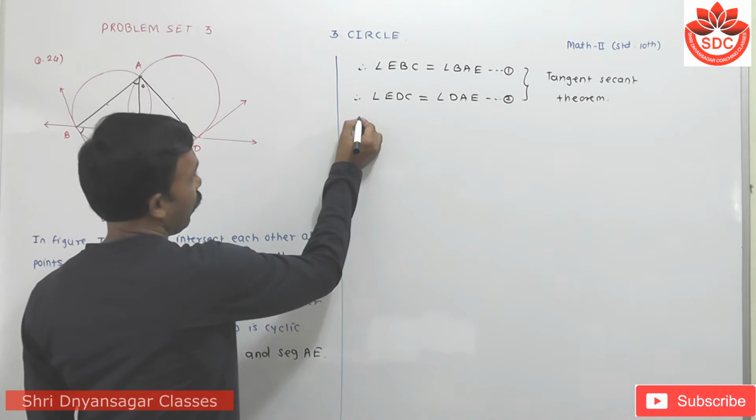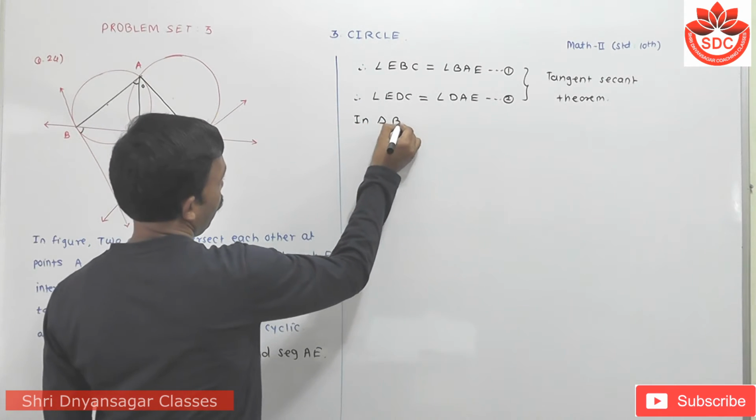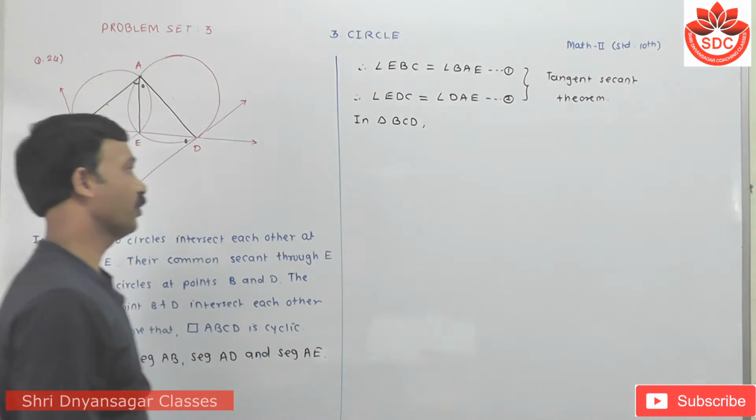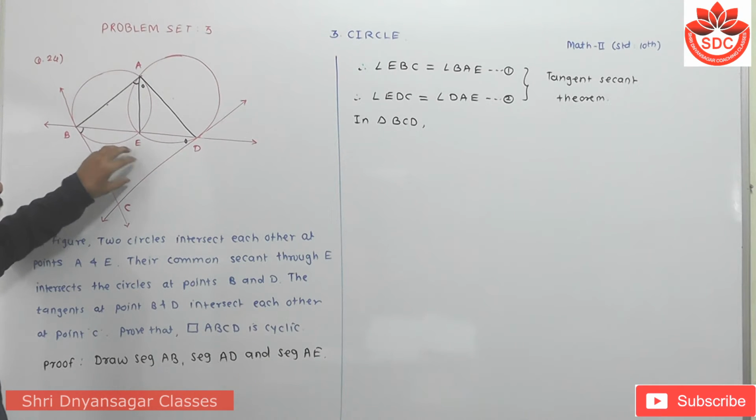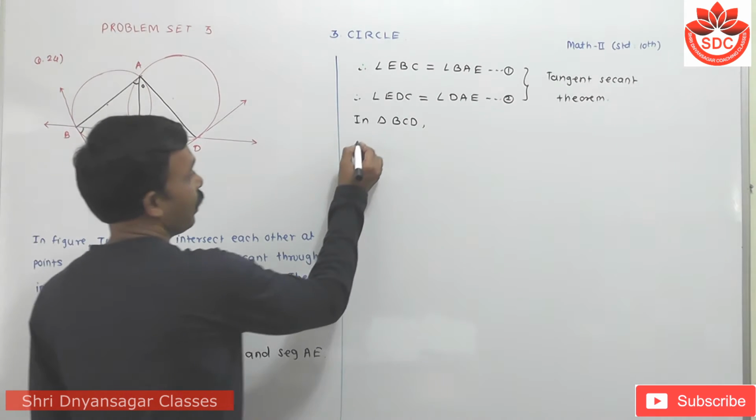Then we take this triangle here. Now in triangle BCD, students, this is like the earlier example. So simple one. You have to take the sum of all angles of this triangle BCD here.